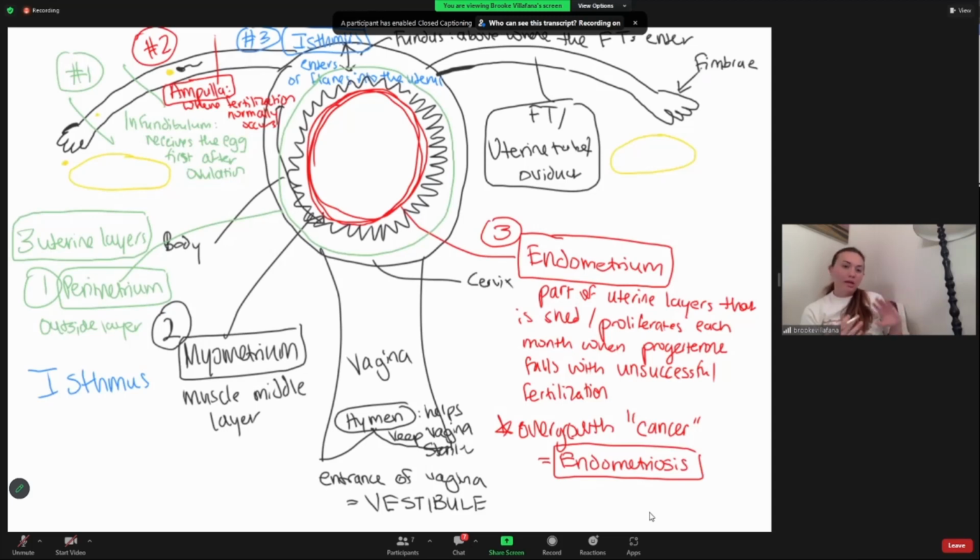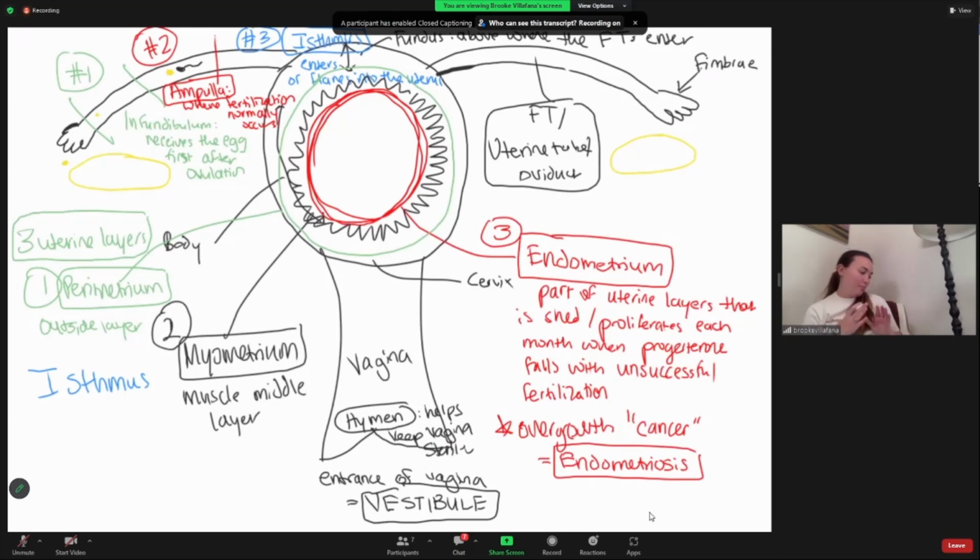So it does help keep the vagina sterile, but at the same time, we already said the vagina is acidic, so it's kind of already self-cleaning. So it doesn't need the hymen, but now you know what the hymen is in case it was on the test. Okay, so hymen and vestibule both could be on the test.